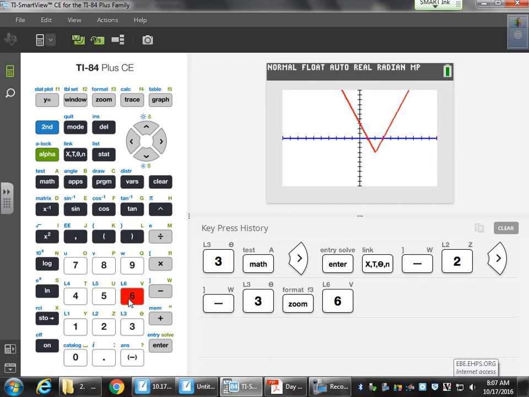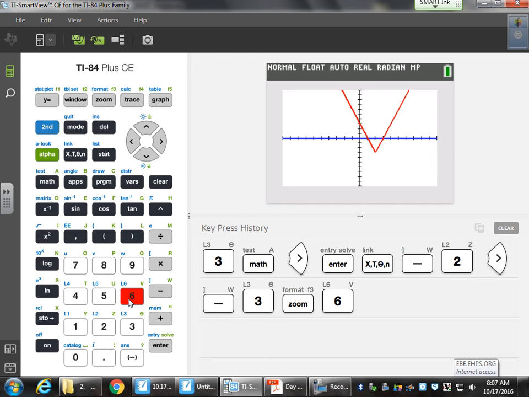What happens if x is 1? What's 1 minus 2 inside these bars? Careful. We get 0? Yep. And if we let x equal 3?